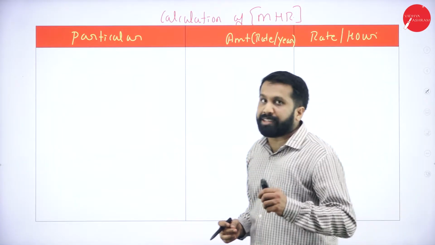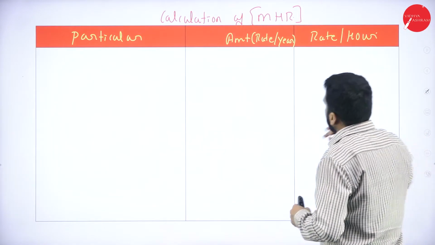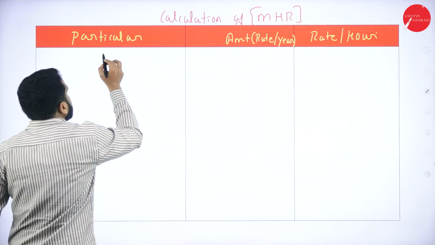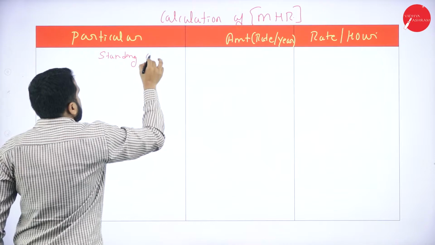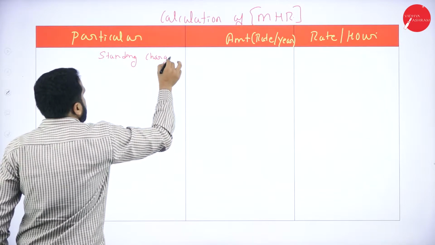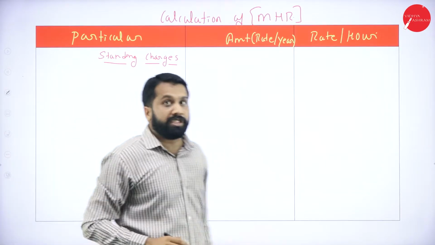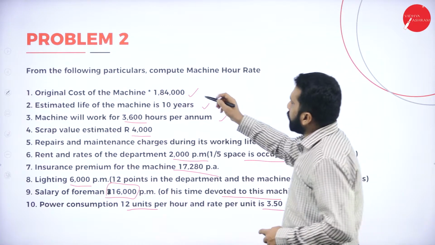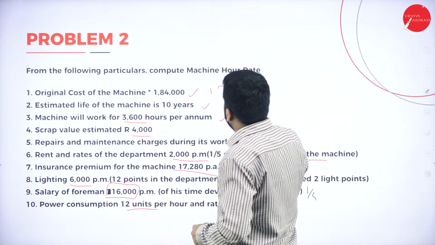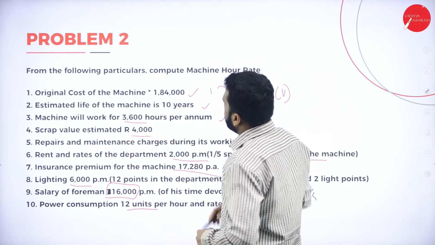We'll start with your standing charges. What are the standing charges? The standing charges are fixed charges. Standing charges we also call fixed charges. Which are those? In this, we have original cost, and all this information is for depreciation, and these are variable.